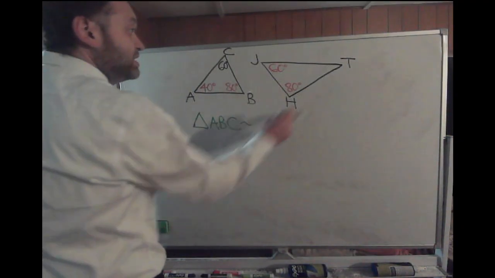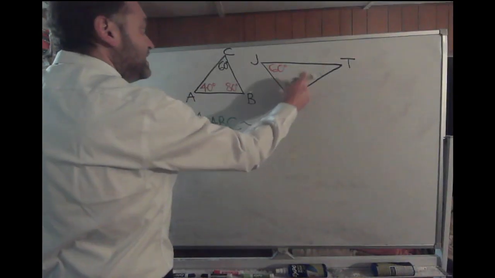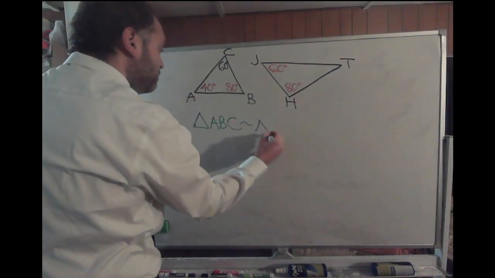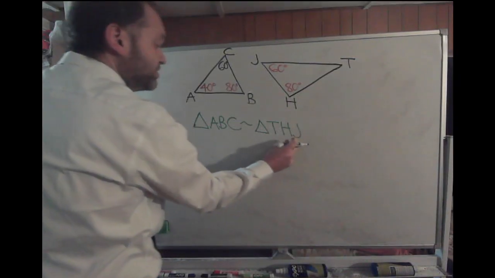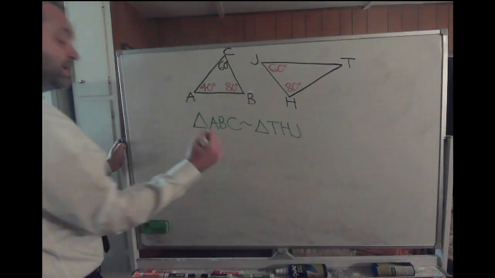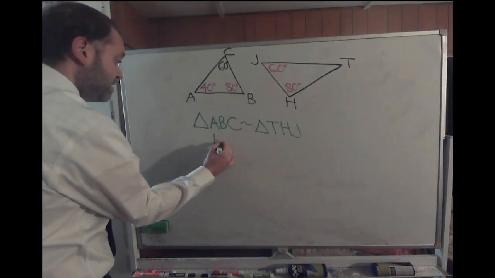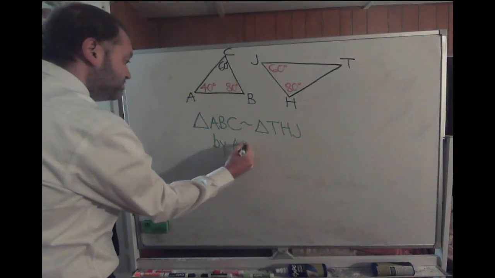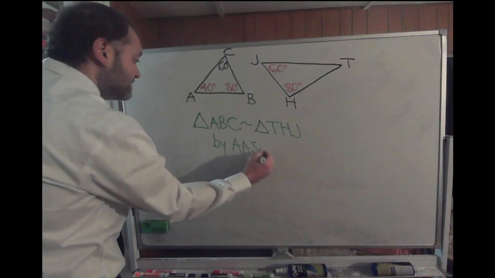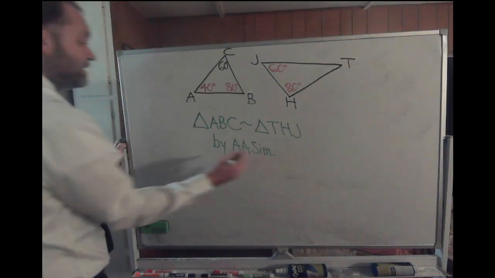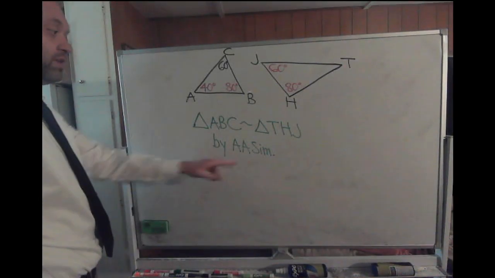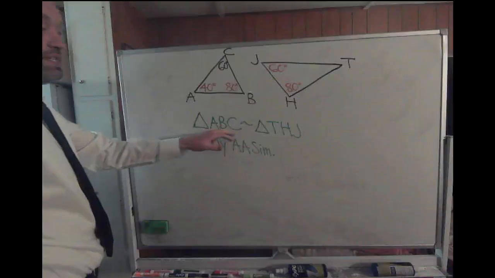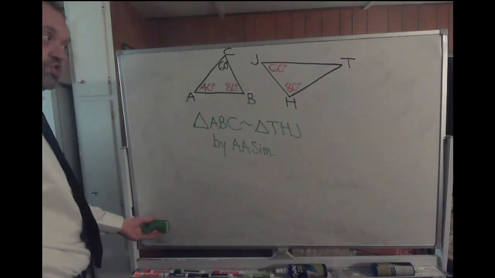So this would be similar to triangle THJ. You want to have the corresponding parts that are lined up when you name the two triangles. These are similar by the AA Similarity Postulate. So by the angle-angle similarity postulate, triangle ABC is similar to triangle THJ.